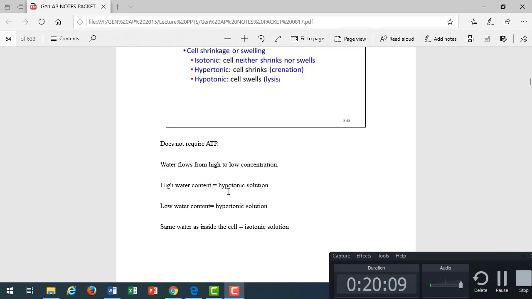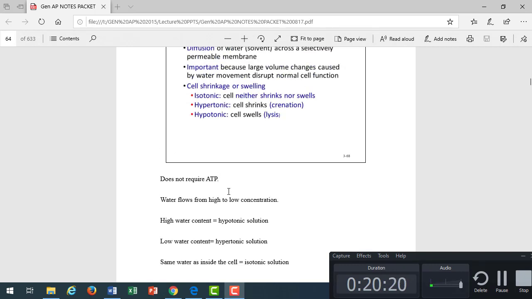Equal, yeah. So that's the goal of these different concentrations. Water is going to move, and the solute is going to move until things are equal. So if I have an isotonic solution, my cells are neither going to shrink nor swell. They're going to be just content.